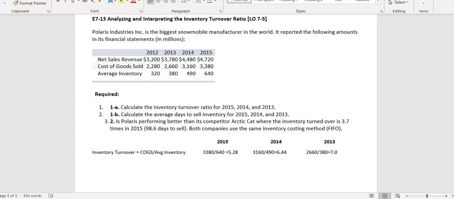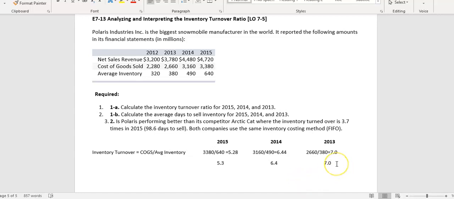So let's get the rounded numbers in there, because we have to use the rounded numbers in the next calculation. So here we would have 5.3 rounded to the nearest tenth. For 2014, 6.4, and then 2013, 7.0. So essentially what we're saying here is between 2013 to 2015, we're actually going in the opposite direction we should.